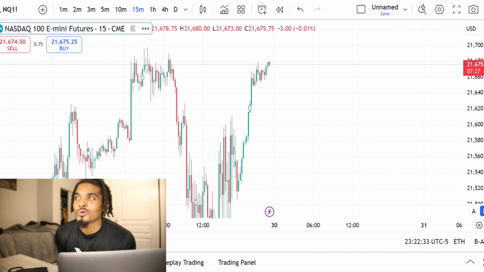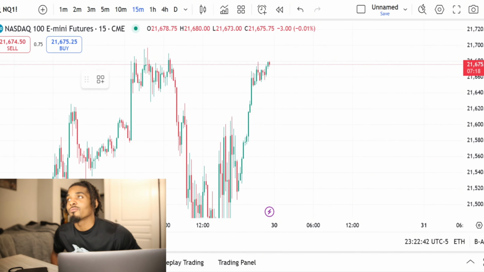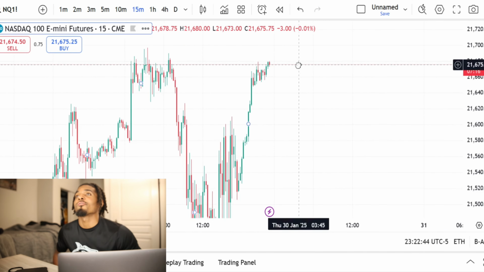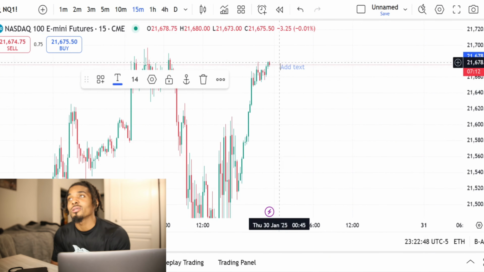But yeah, a trading plan is simple. You want to go into the market every morning knowing what you're looking for. You don't want to go into the market and be like, whatever happens, happens, I'm going to just find some random stuff. You want to back test a setup that works for you consistently.